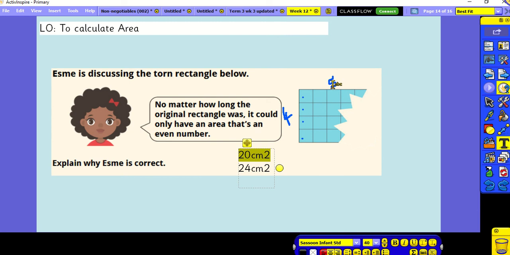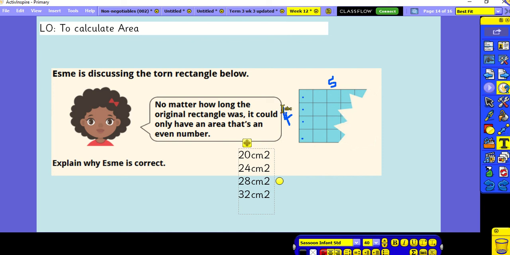Now, when it is 6, 4 times 6 is 24, which is also an even number. Let me see what it would be if it was 7 centimetres. 4 times 7 is 28 centimetres squared. If the length was 8 centimetres, 4 times 8 is 32 centimetres squared. All of these are even. So Esme is correct. No matter what this number is here, the area of this rectangle is always even.